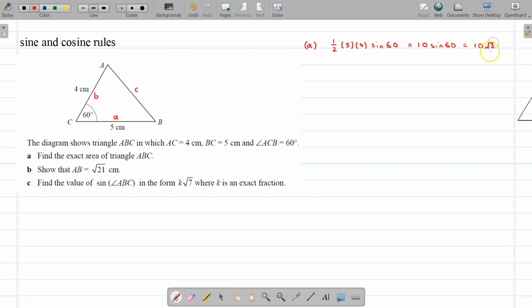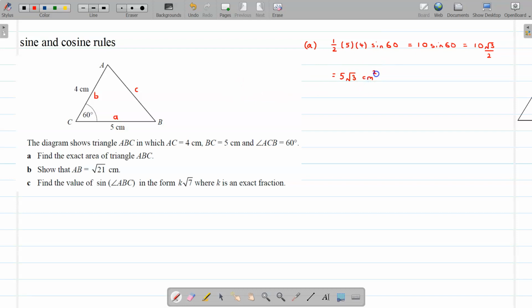I'm going to show you in a moment how you can see that it's root 3 over 2. 10 root 3 over 2 is 5 root 3, and the question is in centimetres, so it's 5 root 3 centimetres squared. Roughly speaking, root 3 is about 1.7, so this is about 5 times 1.7, 8.5 centimetres squared, so it seems about right.